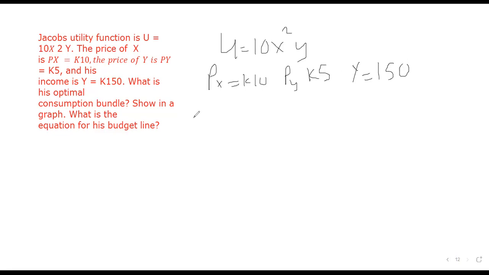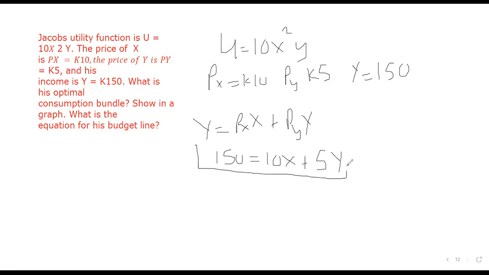The budget line therefore will be income is equal to Px x plus Py y. So what becomes the budget line? 150 is equal to 10x plus 5y. So this is our budget line.